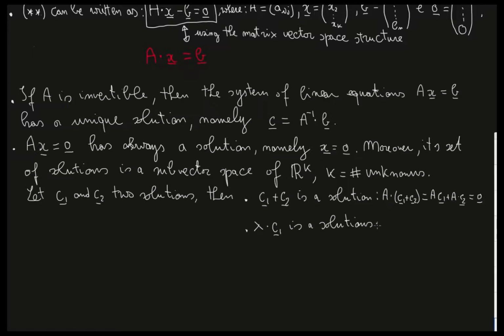Here we have to show that A times lambda C1 is going to be 0. Now the product of matrices times scalars commutes, so it is easy to show that this equals lambda times A times C1.